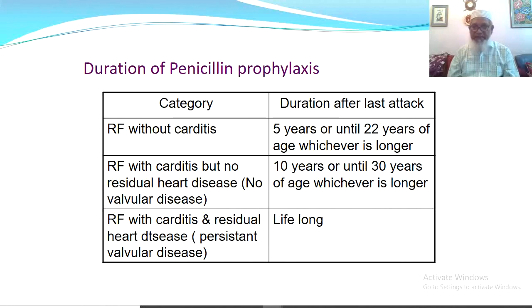And rheumatic fever with carditis, but no residual heart disease, that is, no valvular disease, the penicillin should be continued 10 years after the attack or until the age of 30 years, whichever is longer. And rheumatic fever with carditis and residual heart disease, or persistent valvular disease, the penicillin should be continued lifelong.